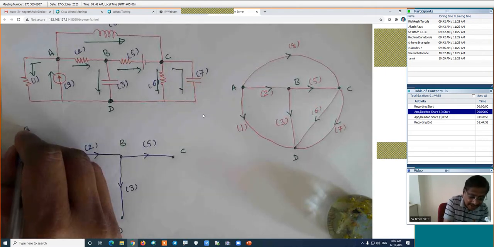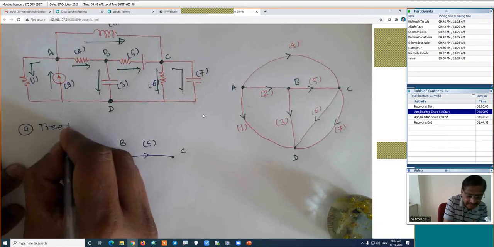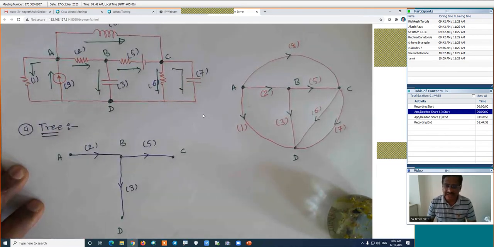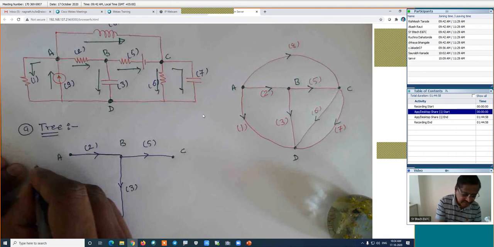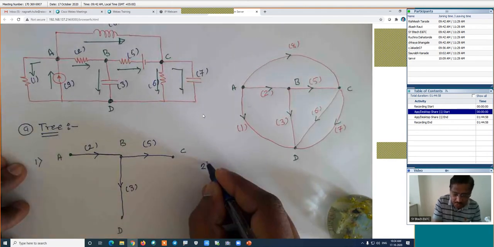That part of the graph is known as a tree. And that particular graph has many trees. This is one tree. We have so many trees.